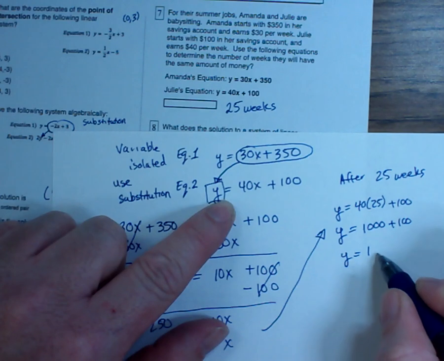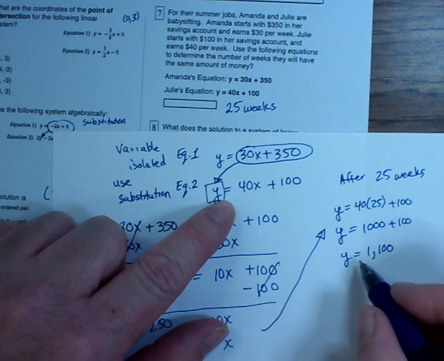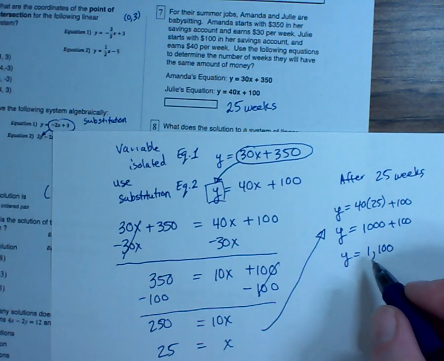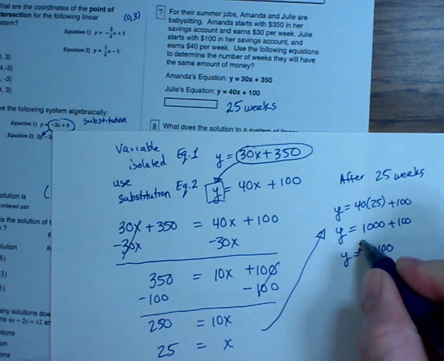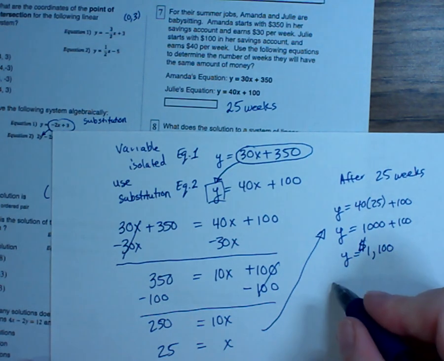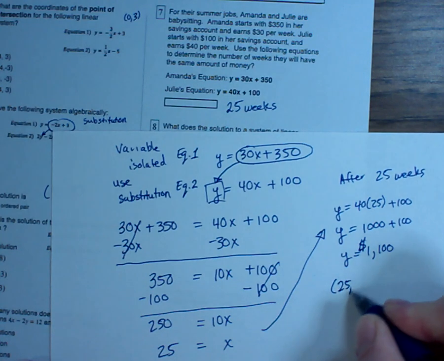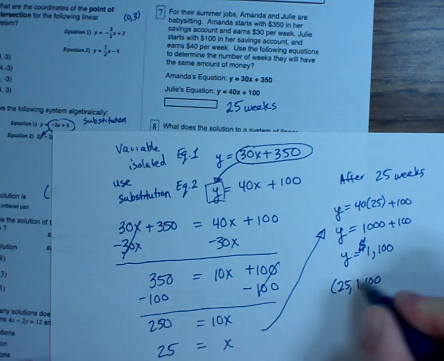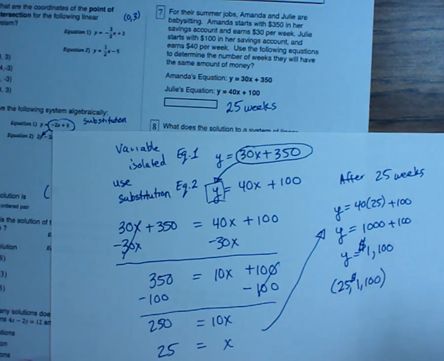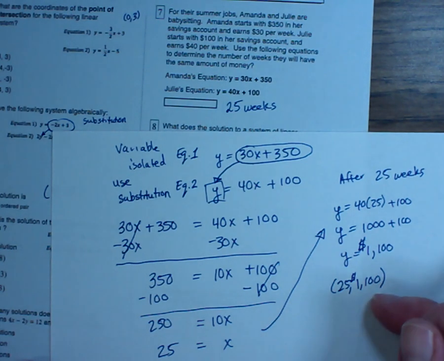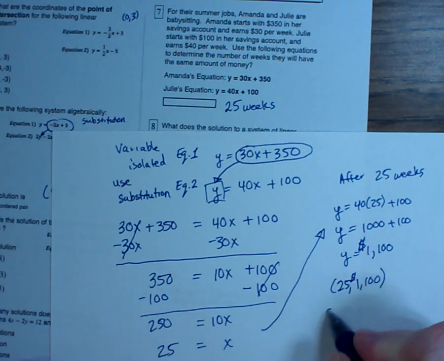After 25 weeks, you'd have $1,100. And I could write that as an ordered pair, 25 comma 1100. So after 25 weeks, she makes $1,100. That's an ordered pair.